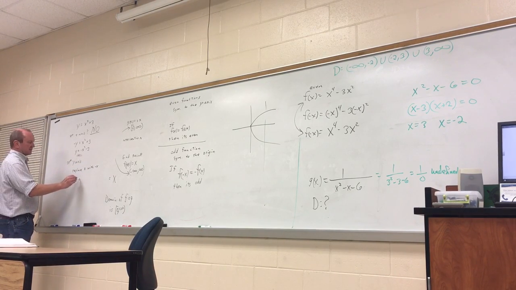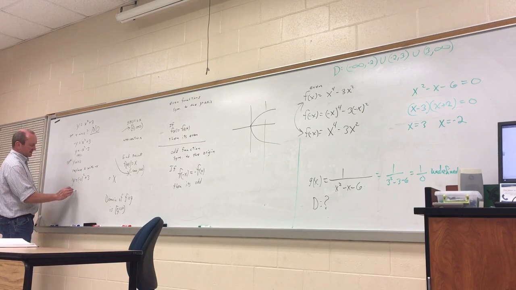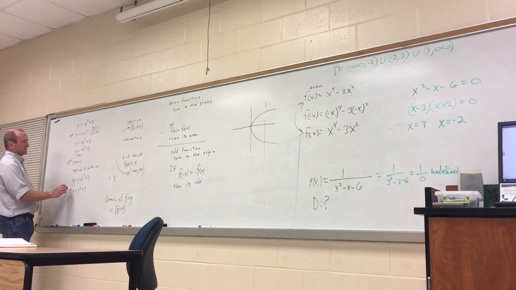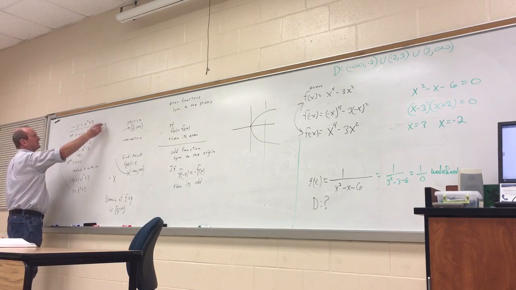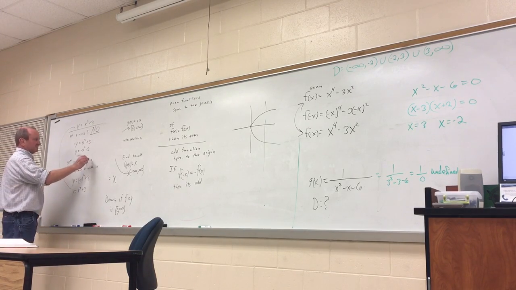So I'd have y equals the negative of x squared plus 3. If I multiply that together, I get x squared plus 3. Is that the same as the original? Yeah, it is. So it's symmetric to the y-axis.